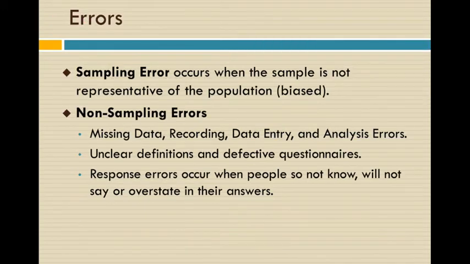All right. Next, type of errors in sampling. Often it is inevitable, and we can divide the errors into two: sampling error and non-sampling error. Okay. Again, sampling error occurs when your sample is biased, like mentioned before. But there's also non-sampling errors. Okay, non-sampling errors are such as there's missing data. Okay? There's a mistake in recording.